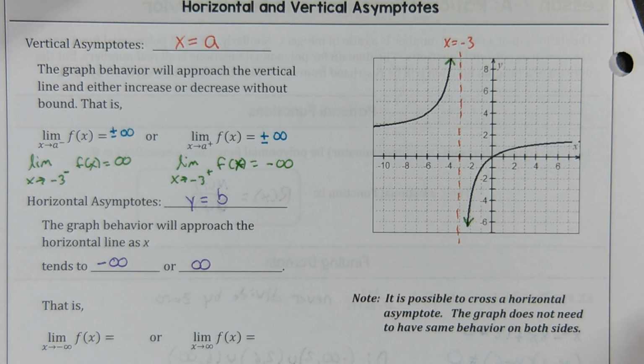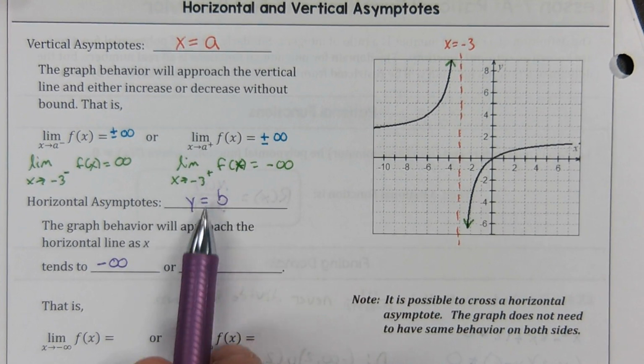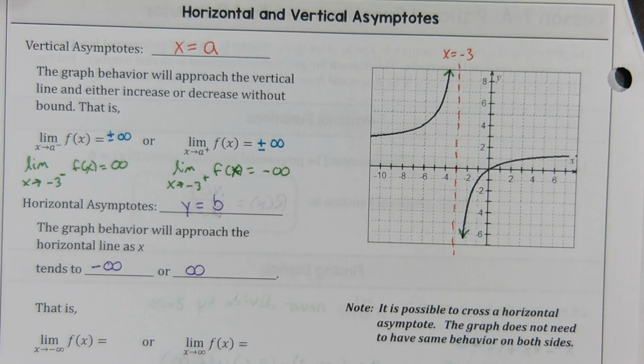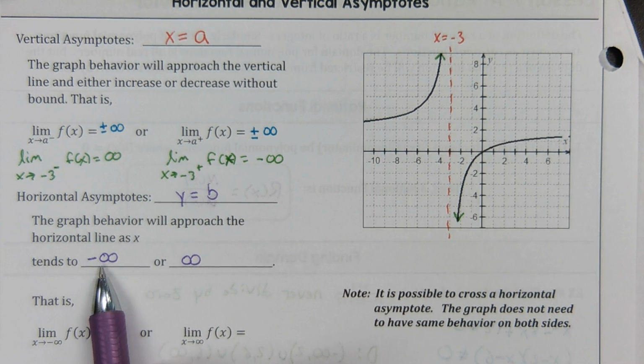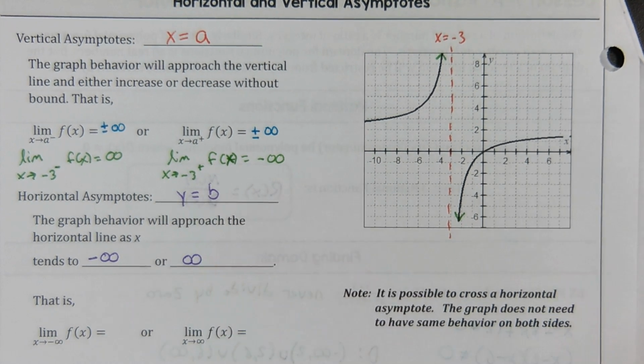It's essentially an end behavior, because it's describing what the y values will be approaching as x gets away from 0. So as x skyrockets down or skyrockets up, our y values are heading towards this number. So essentially, a horizontal asymptote is an end behavior.